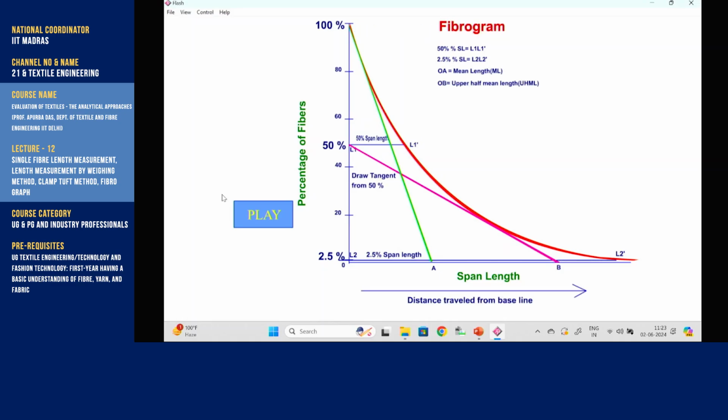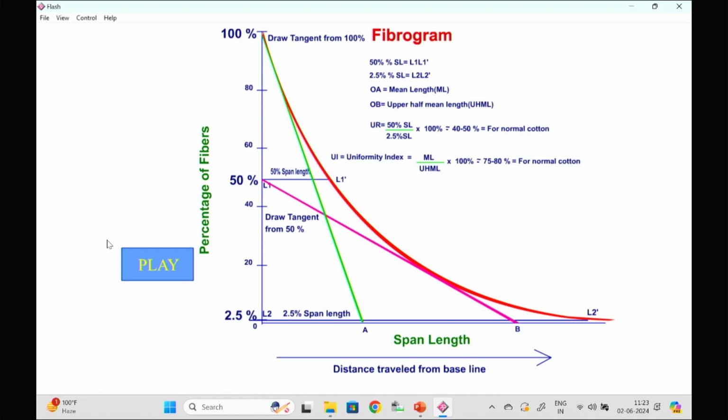Again we draw a tangent from the 50% point, which is intersecting the x-axis at point B. So OB is called the upper half mean length. So upper half mean length is OB, and OA is the mean length as per the fibrogram.